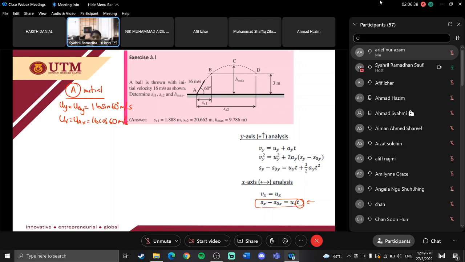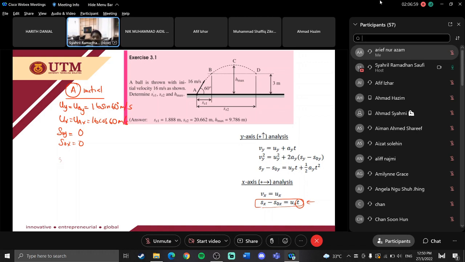Then you have s naught y equal to 0, s naught x equal to 0 also.